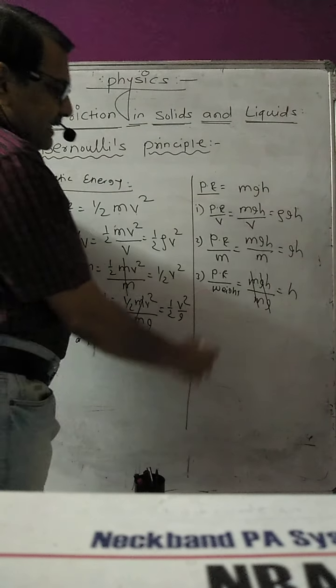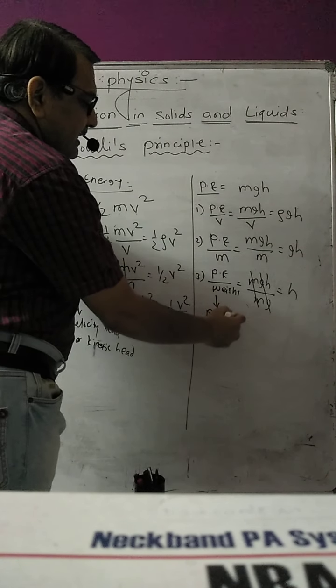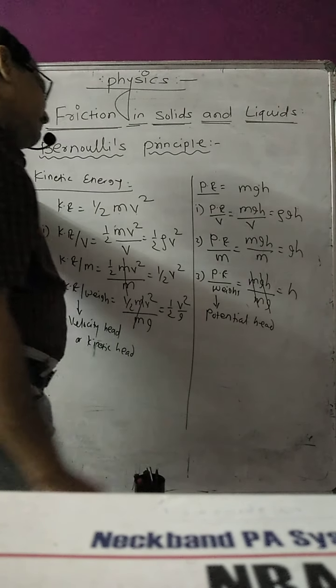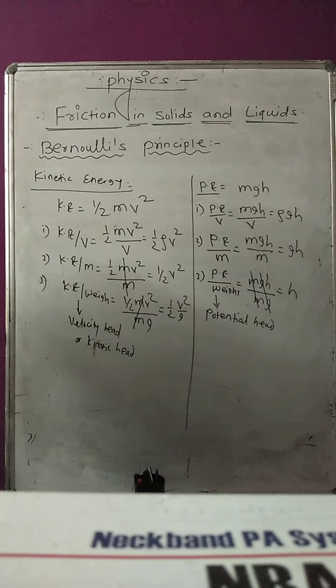This potential energy per unit weight is also called the potential head. So this is kinetic energy, and this is potential energy.